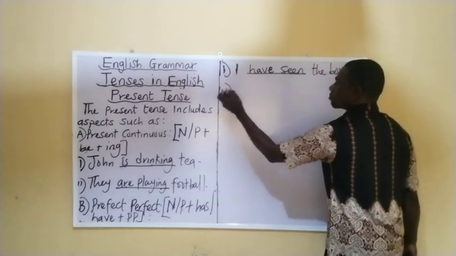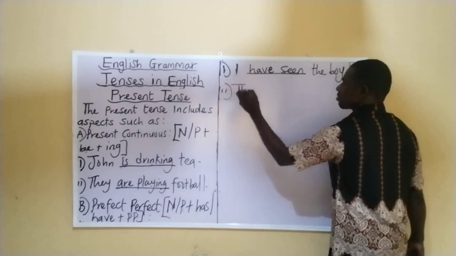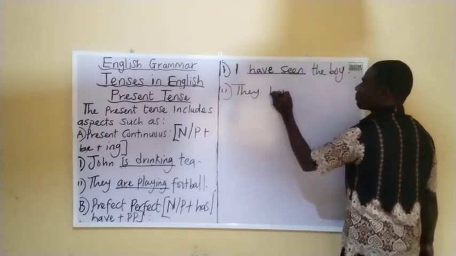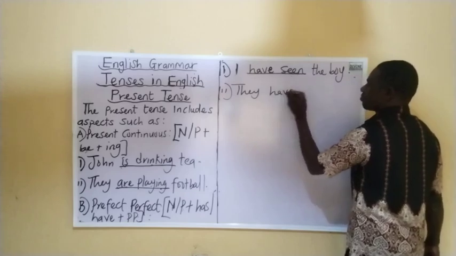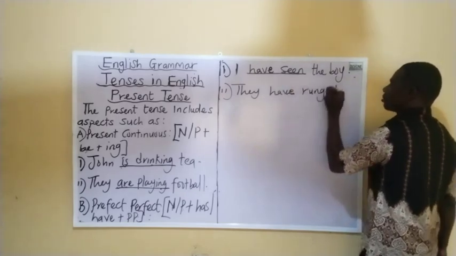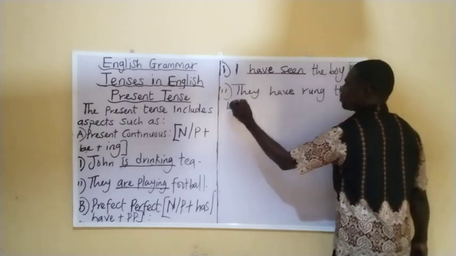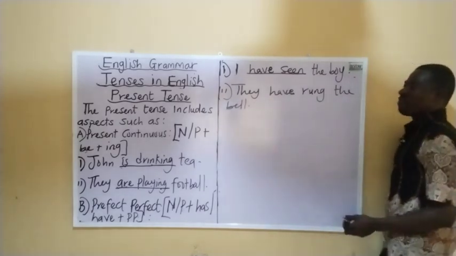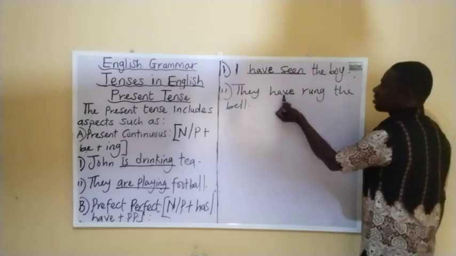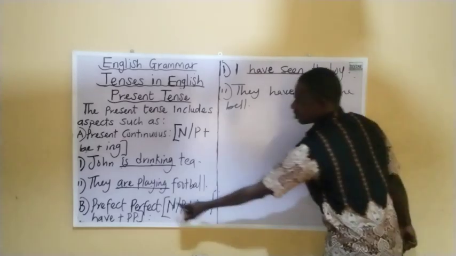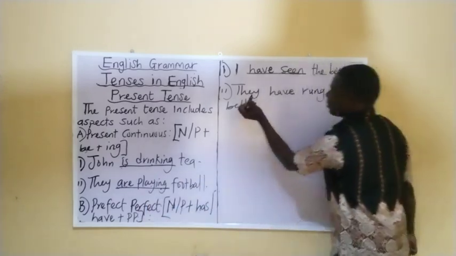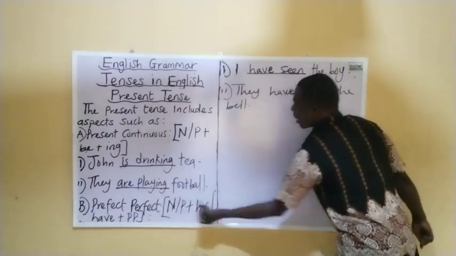Another example. They have rung the bell. They have rung the bell. Okay, fine. Have is from the verb have. They is the pronoun.